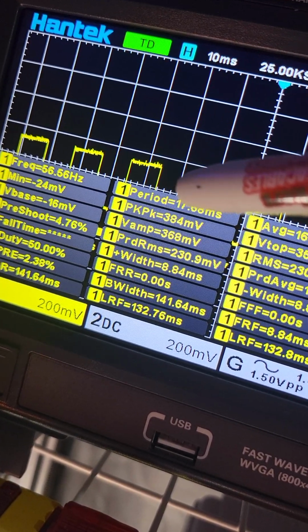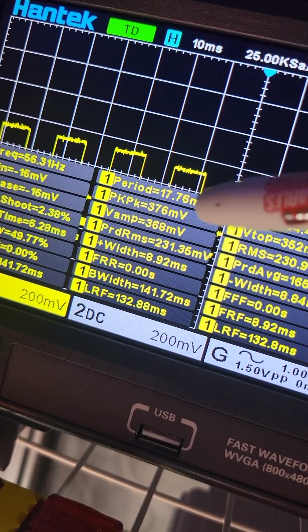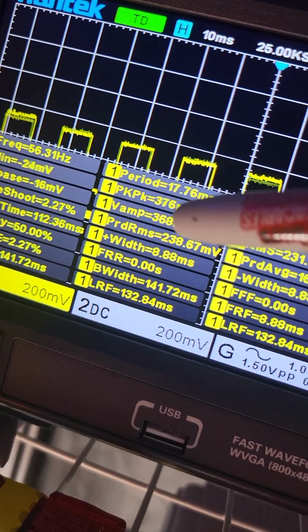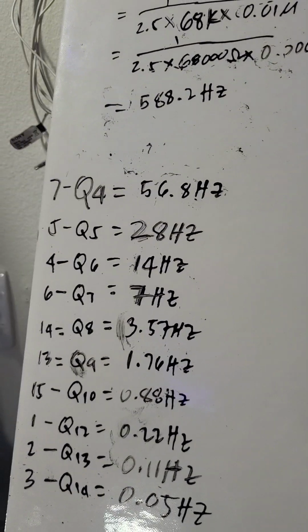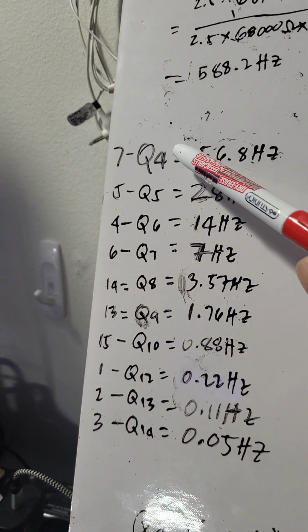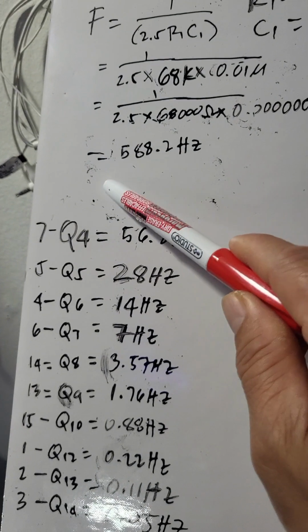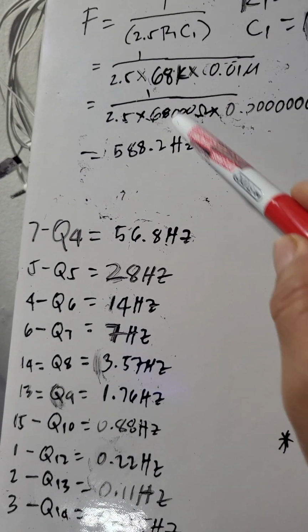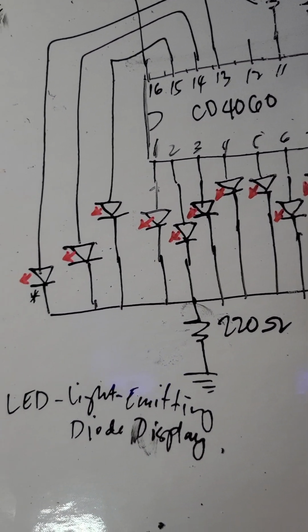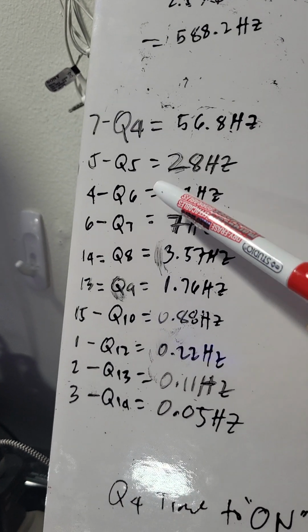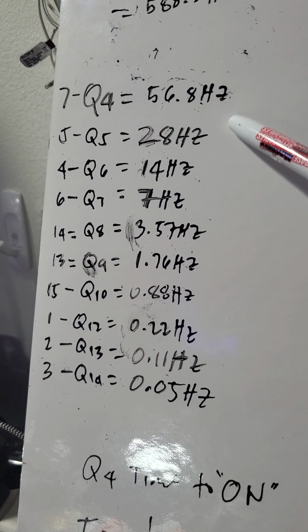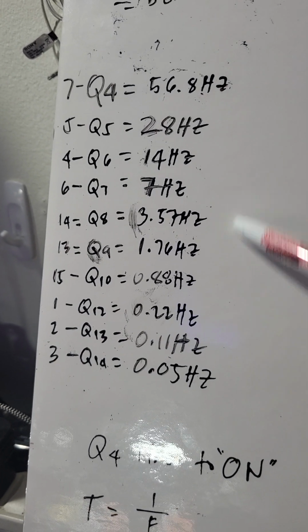That's actually fluctuating: 56, 56.3, 56.4, 56.6 sometimes. So maybe an average of 56.4. I also wrote here 56.8. That's the frequency for Q4, pin number 7, with this oscillator frequency inside this chip. And Q5, 6, 7, and so on have different frequencies.